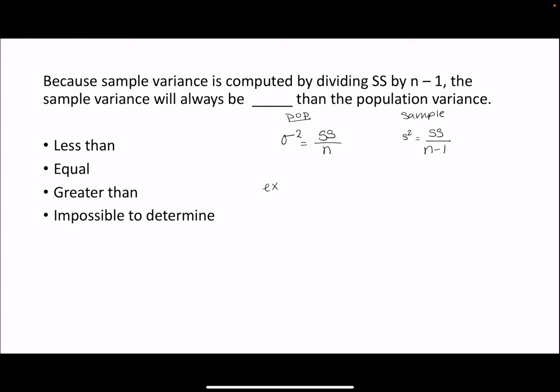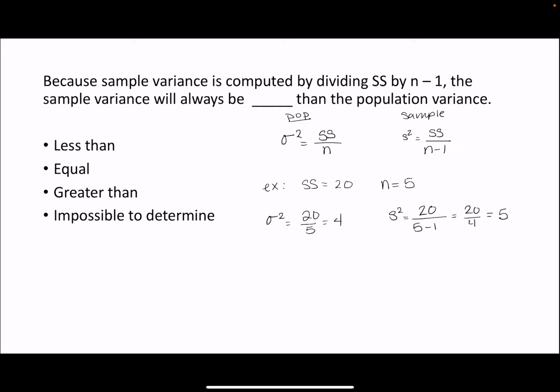So if, for example, the sum of squares is 20 and our sample size is 5, then the population variance is 20 divided by 5, or 4. Whereas for the sample, this would be 20 divided by 5 minus 1, or 20 divided by 4, which happens to be 5.